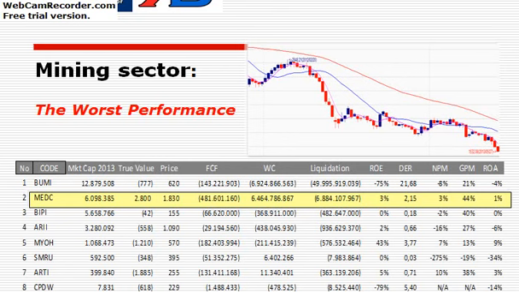Gross margin of 44% looks okay. What is the solution? Medco must reduce operation costs, cut overhead, cut staff, lay off. There is only this solution.